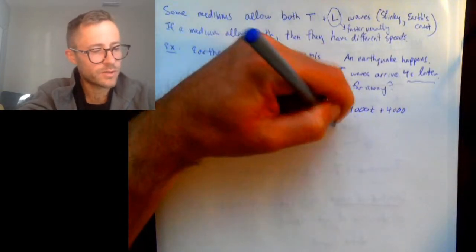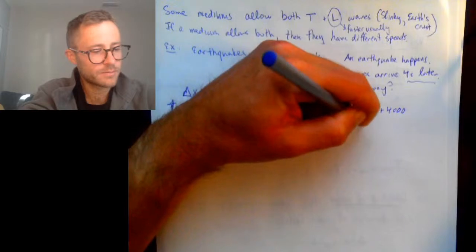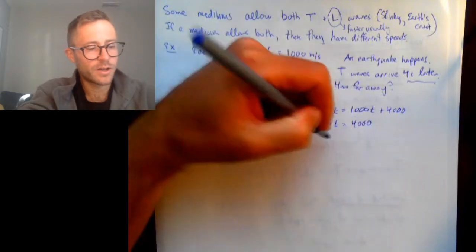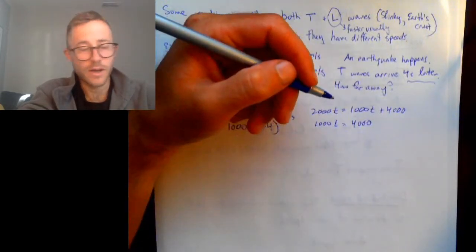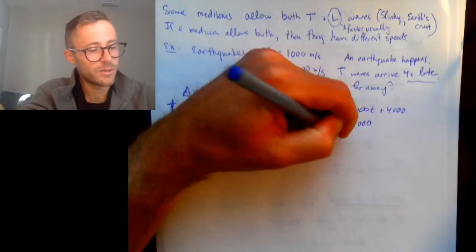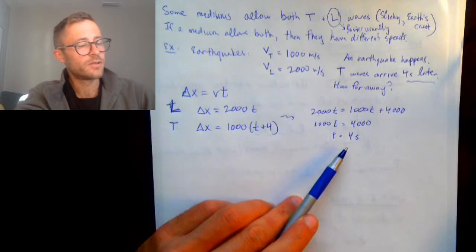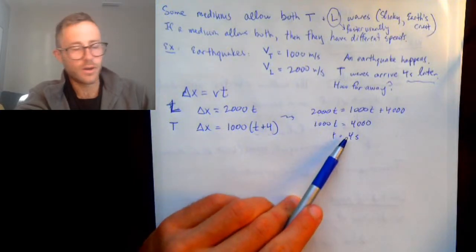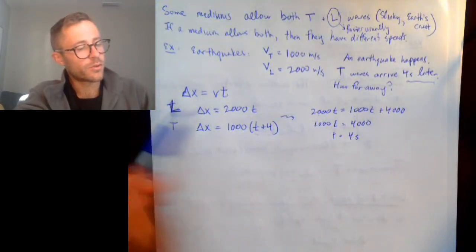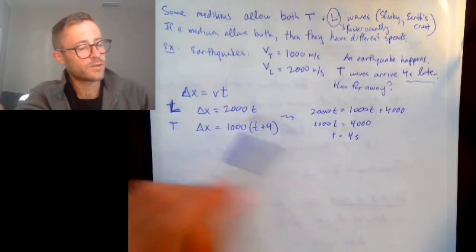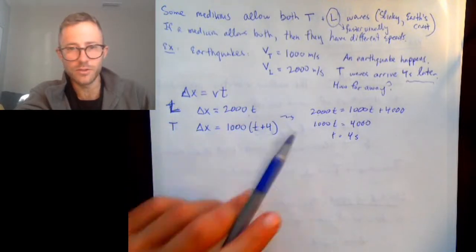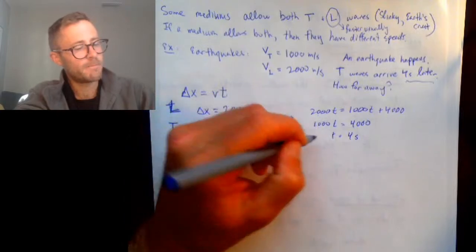So I have 1,000 t equals 4,000. Then I divide both sides by 1,000, and I get that t equals 4 seconds. So the earthquake occurred 4 seconds before the longitudinal wave arrived.